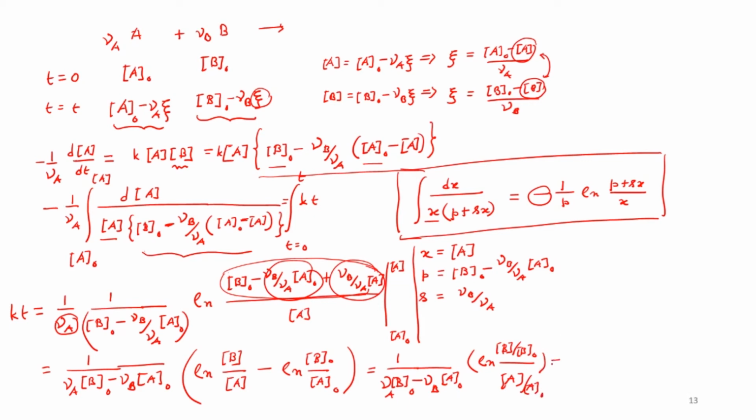That is equal to kt. So that will be the integrated form for a second order reaction, where it is first order with respect to each of the reactants.